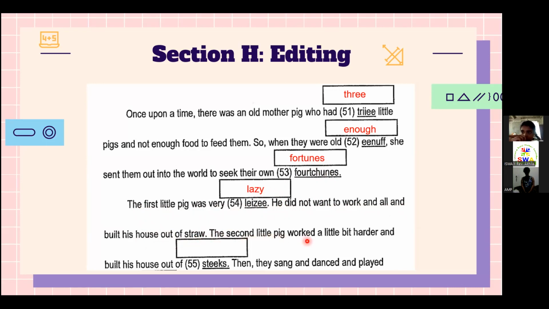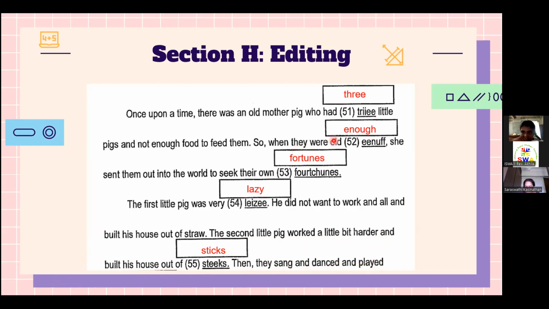The second little pig worked a little bit harder and built his house out of sticks. So can anybody help me spell sticks? S-T-I-C-K-S. Very good. Well done. Then they sang and danced and played.